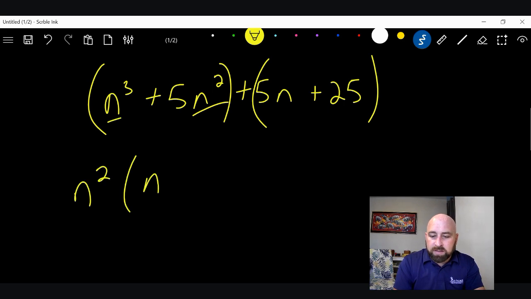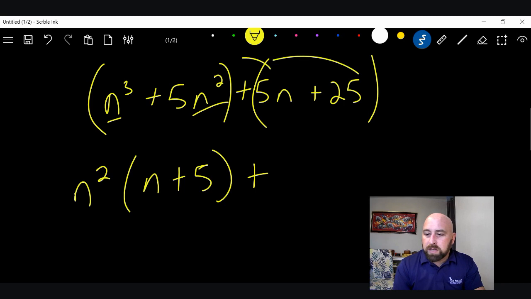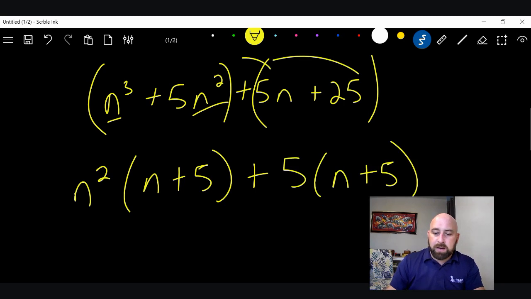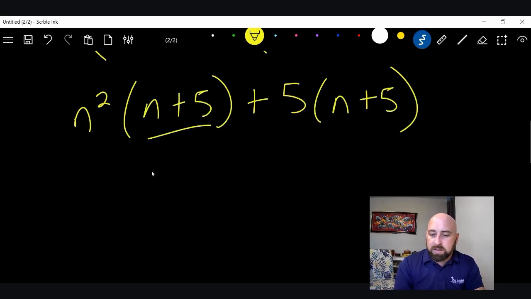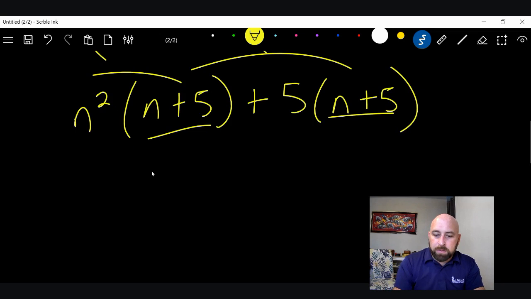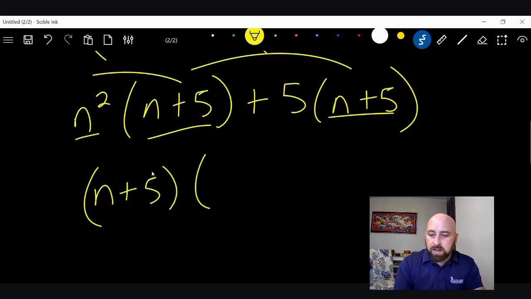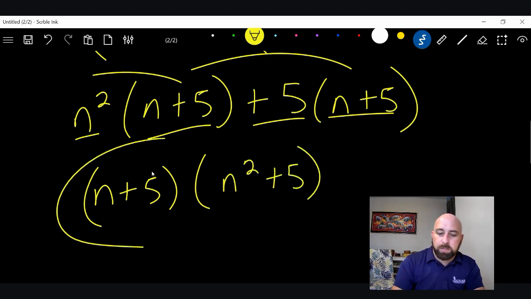What's left inside? n plus 5, plus what comes out, a 5, and we have n plus 5 inside. Now we take one of these n plus 5s because we factor it out, and we get n plus 5, and then what's left over here? n squared plus 5, and that would be our final answer.